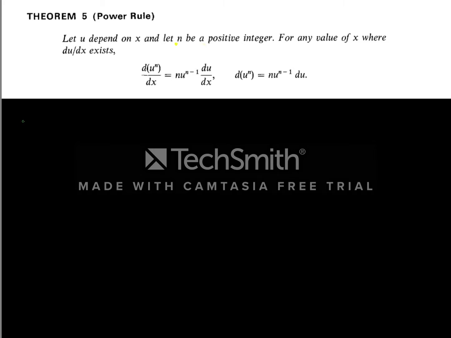So say u cubed is just u times u times u. So we'll use that idea and the product rule that we already have to get a sense of how to do this rule. So the first case we look at is when n is 1.